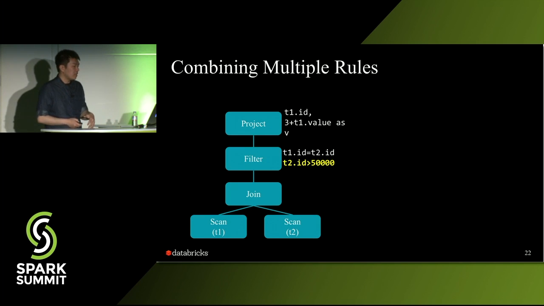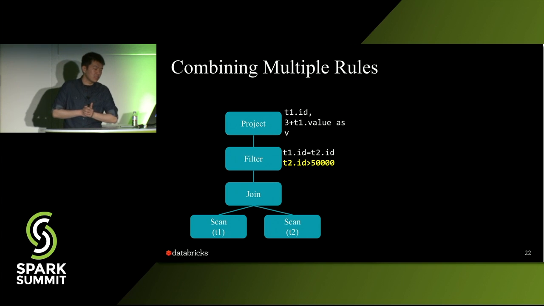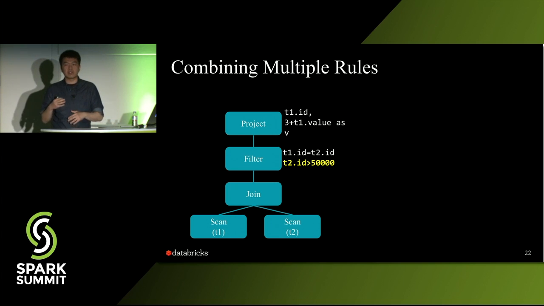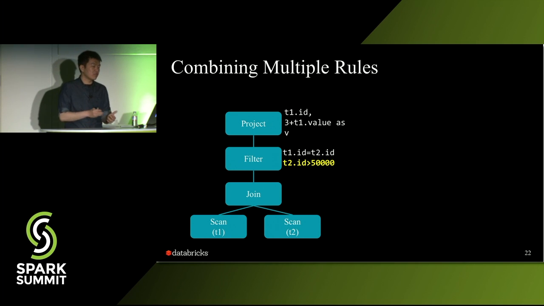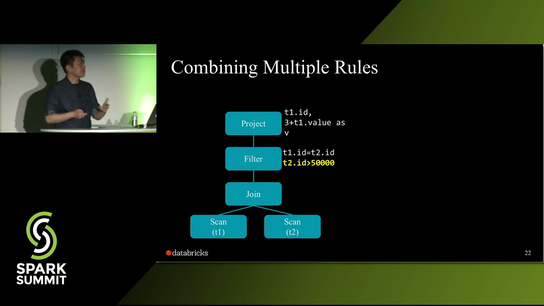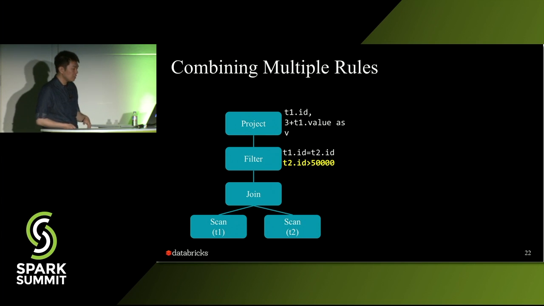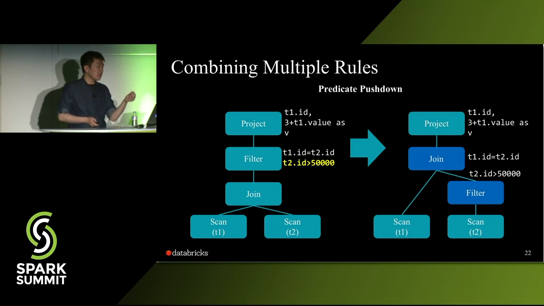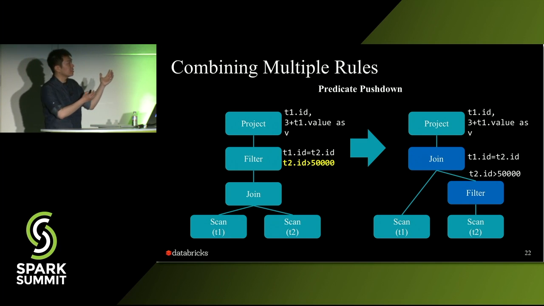So here, we are joining two data sets, T1 and T2, and then we have a filter to filter the join result, and then finally we project T1.id, and another column we want to project is 3 plus T1.value. When we look at this query plan, we find that the T2.id condition is actually only related to the table T2.